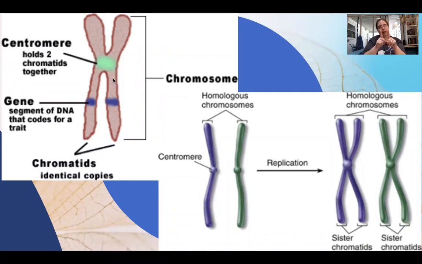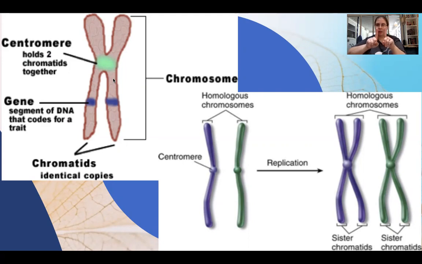Maybe you get a brown eye allele for the eye color gene from mom, and a blue eye allele for the eye color gene from dad. Now we call this pair homologous chromosomes. Homologous because they are the same. They have the same genes. They might have different versions of those genes, but they have the same genes.